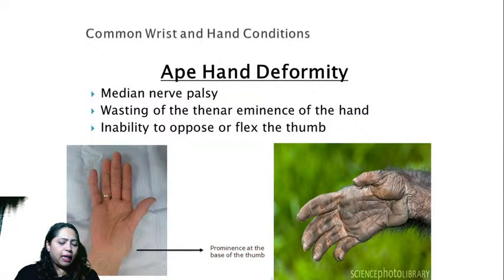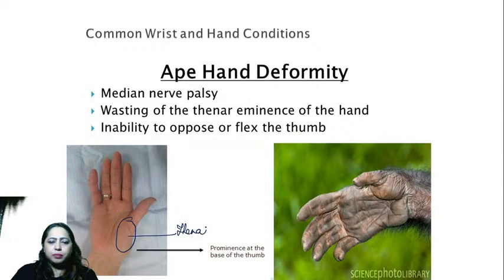Okay, next one, ape hand deformity. What you can see here is that the muscle mass on this area, the thenar eminence, is lost. Muscle mass on the thenar eminence is lost.